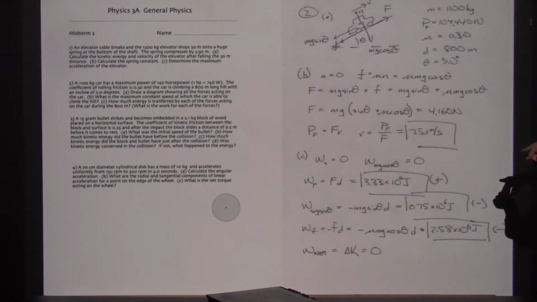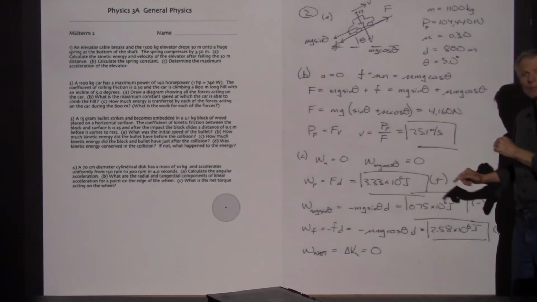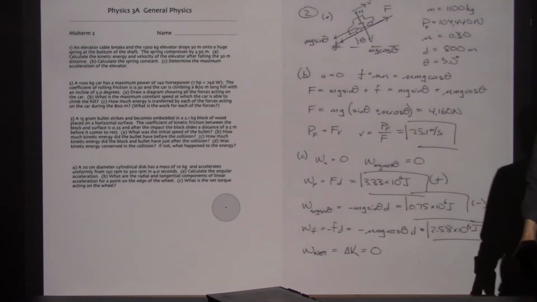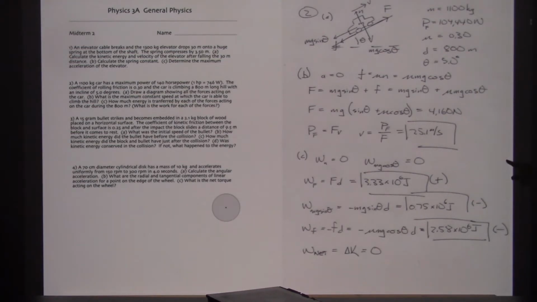Now, the gravitational energy, that's going to be potential energy of the car. The car is actually climbing to a higher and higher elevation, and of the 3.3 million joules we put in from the engine, 0.75 million are going to get stored as gravitational potential energy.